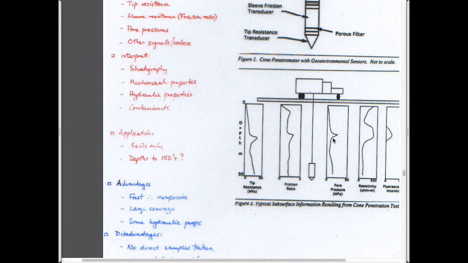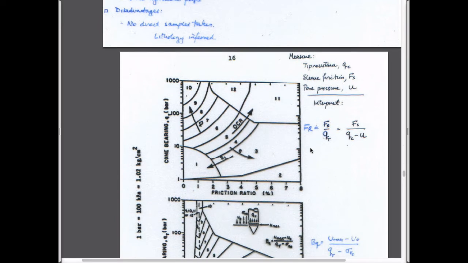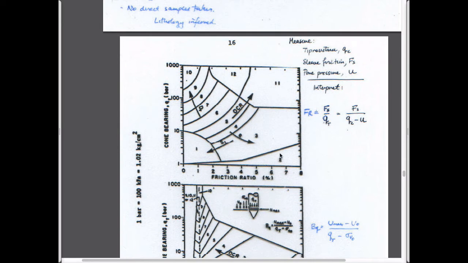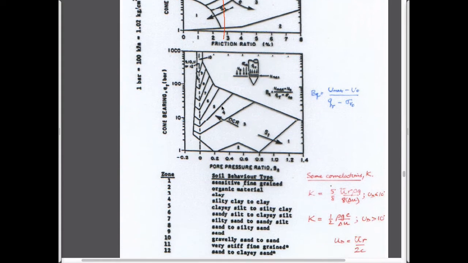Then you can take the values of these three variables, tip resistance, friction force or ratio, and pore pressure at any one depth, and use empirical charts to say what kind of soil you think it is, just empirically determined.